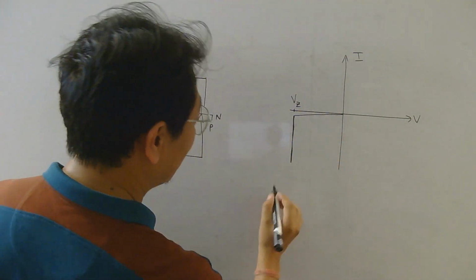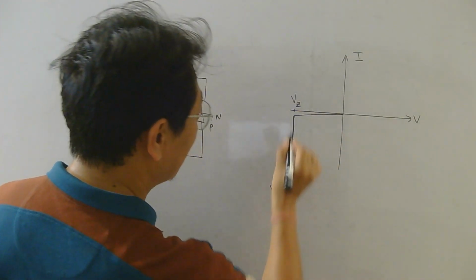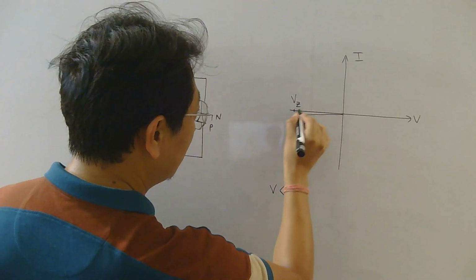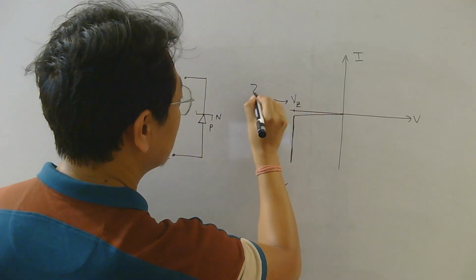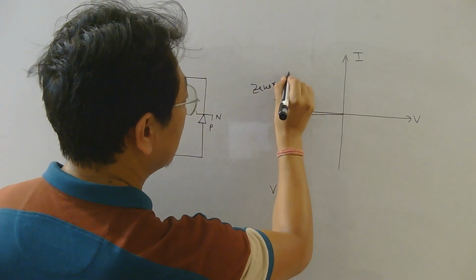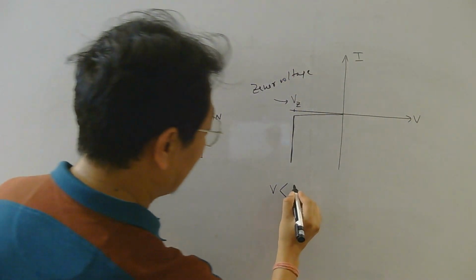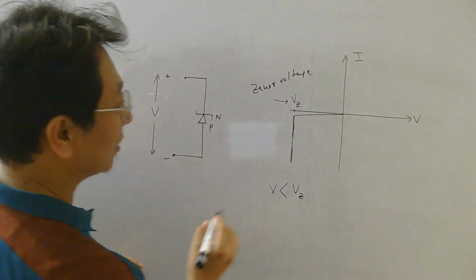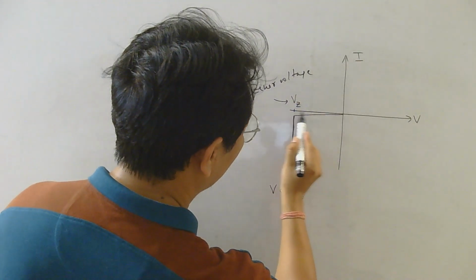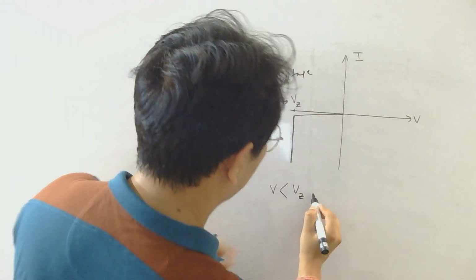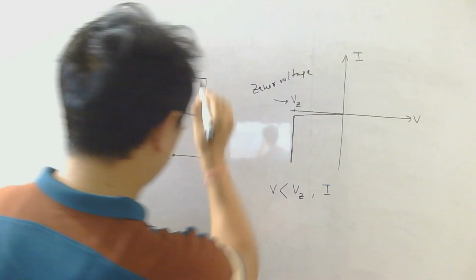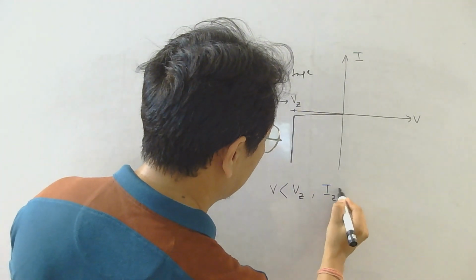Initially when the voltage is less than a particular voltage called Zener voltage, this is called Zener voltage, the current in this part you can see is quite small. So the current in the Zener diode is approximately 0.